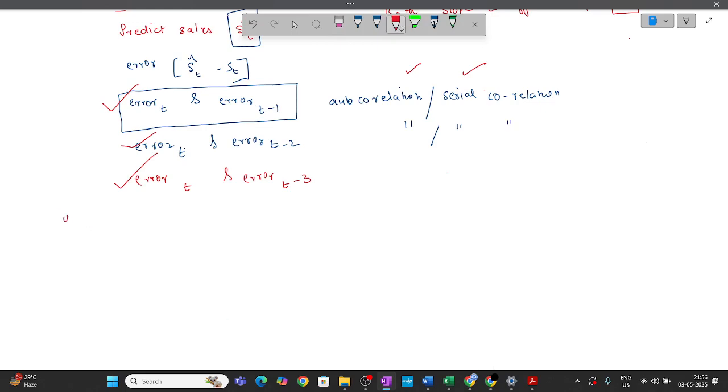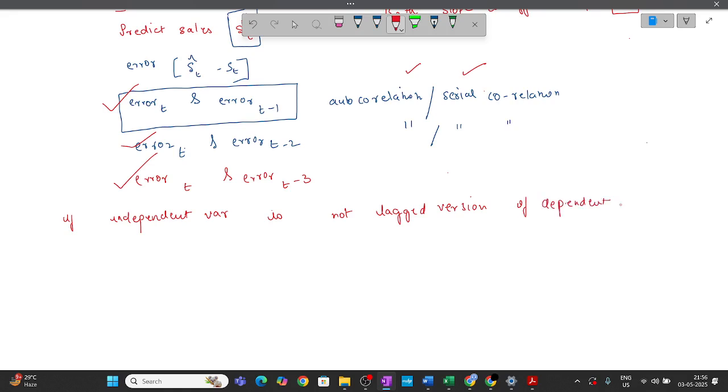If the independent variable is not a lagged version of the dependent variable.